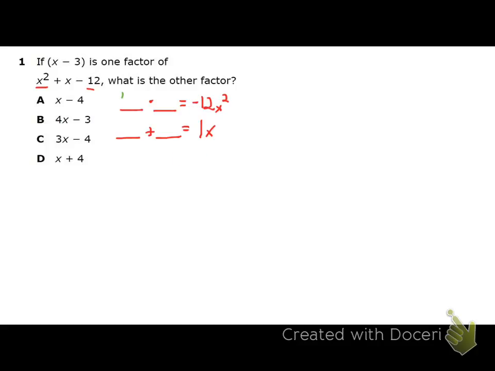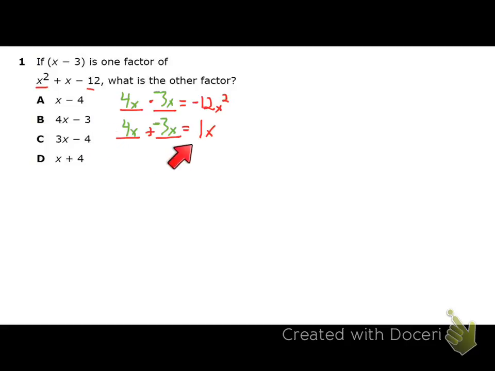So then I'm thinking, okay, what about 4x and 3x? I think those are going to be our values, and we know that one of them has to be negative because they multiply to give us a negative. So the question is, is the 4 negative or is the 3 negative? And hopefully you're saying the 3 is negative because they have to add to give us a positive 1.